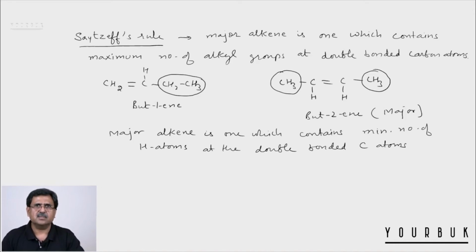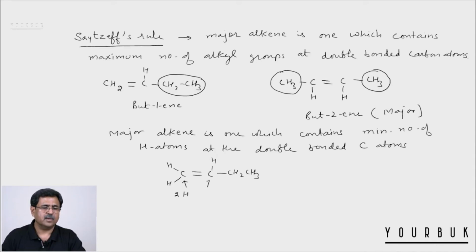Now we take the same examples again, but-1-ene and but-2-ene. If you look at the structure of but-1-ene, this double bonded carbon has two hydrogens present. This double bonded carbon has one H present. So you have a total of 3 hydrogens at the double bonded carbon atoms.